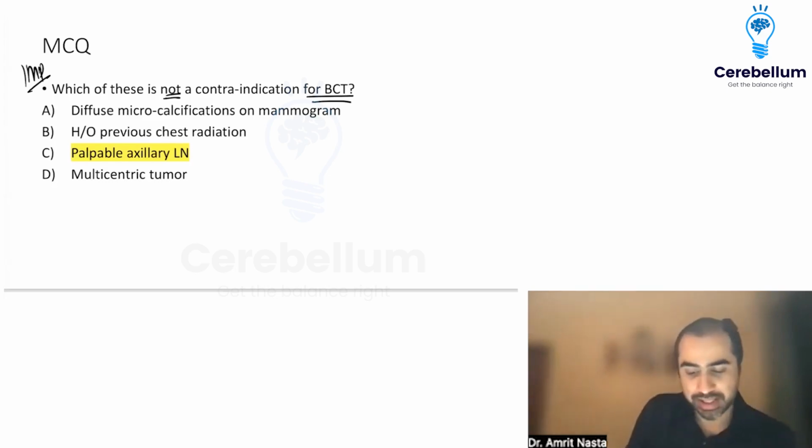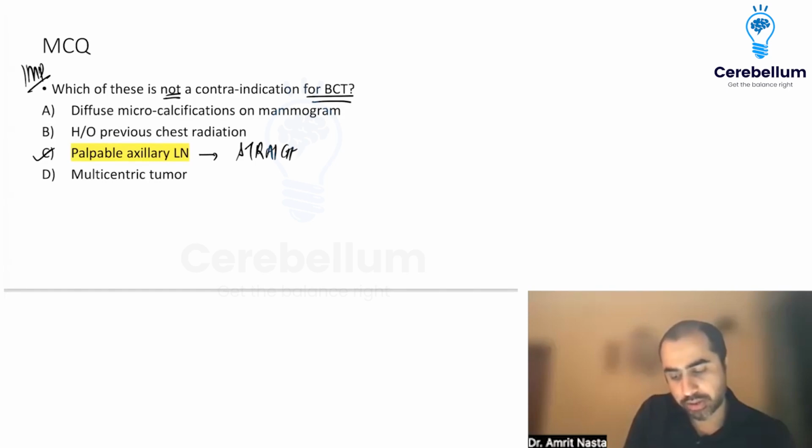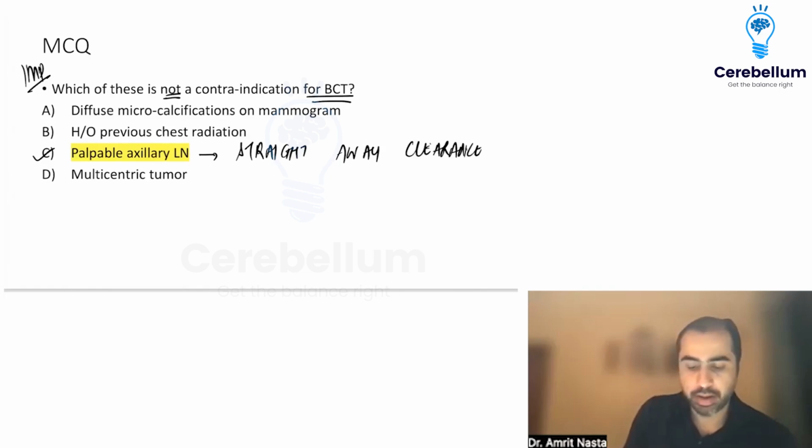So, not a contraindication for BCT is palpable axillary nodes. If palpable axillary nodes are there, you will do axillary clearance straight away. I just told you this today. You don't need to do sentinel lymph node biopsy. Microcalcification is a contraindication for wide local excision.